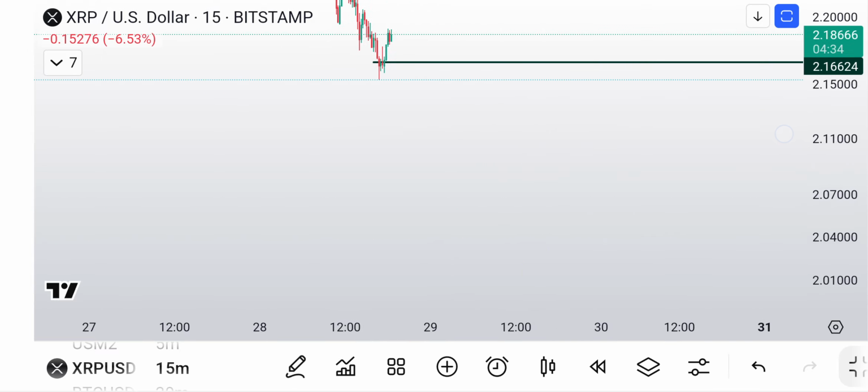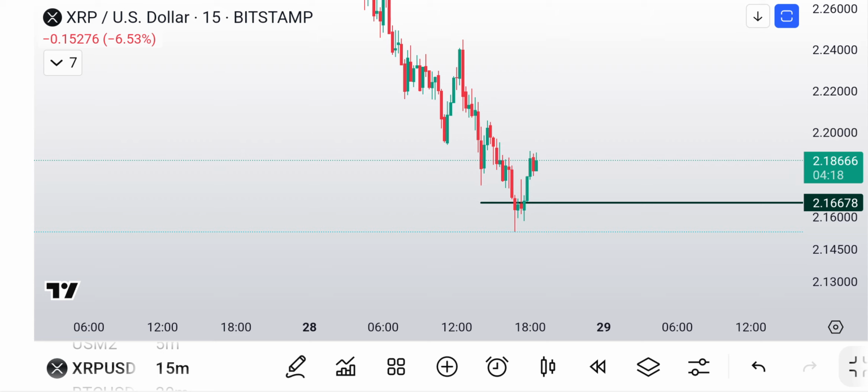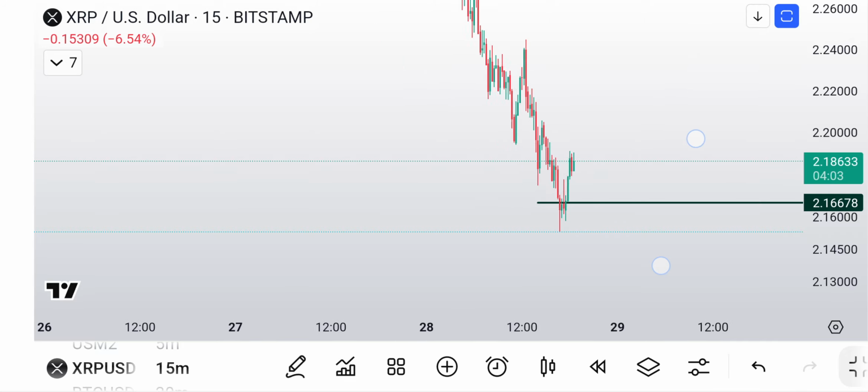Obviously they're different exchanges, but right around there is where I bought, and I'm just gonna hold and see if we can hold this area. If we can hold this area, that'd be great. I'll set my stop loss just right under the entry, and if we break it, then, whatever.